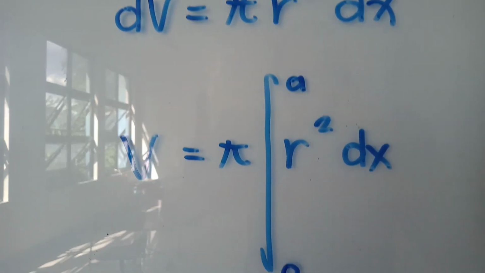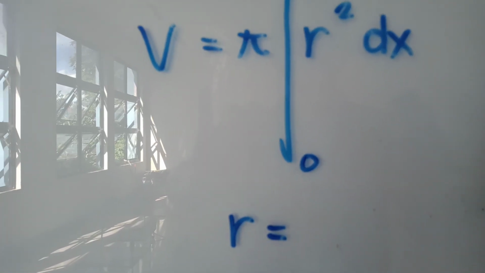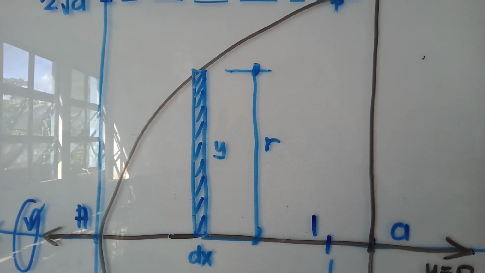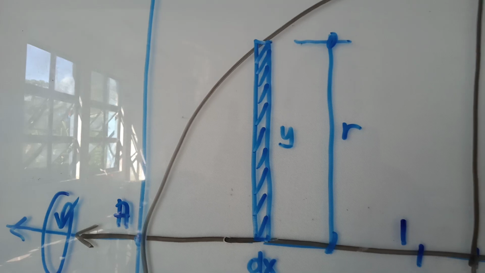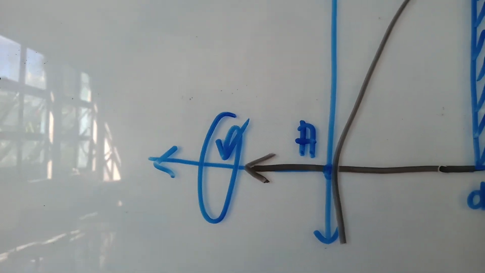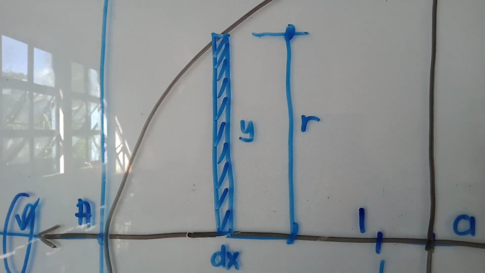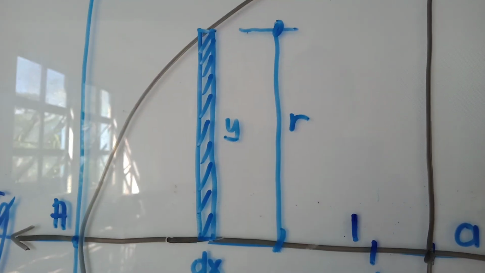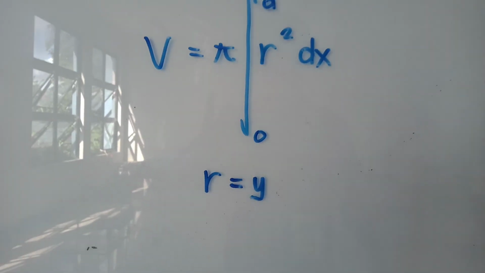So our r, the radius of the disc that will be formed by revolving this elementary area about the x-axis, is equal to y.